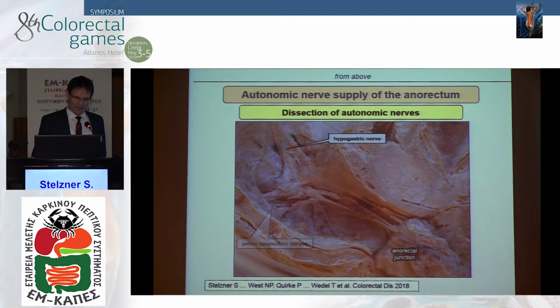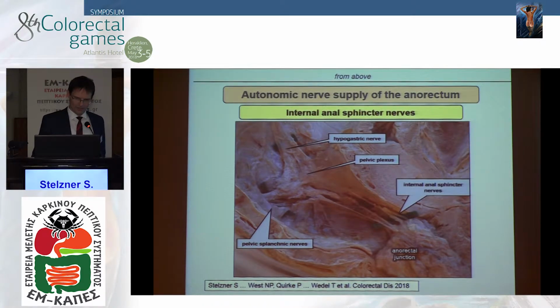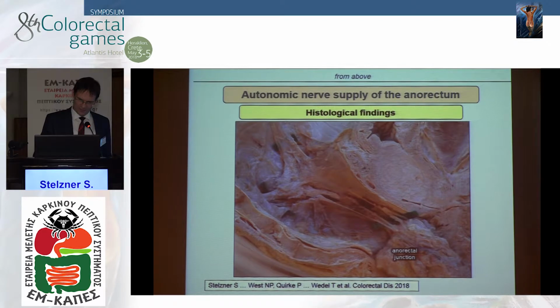And again, there's the hypogastric nerve, the pelvic splanchnic nerves, the pelvic plexus, and down there we could find nerve fibers that penetrate the longitudinal smooth muscles of the anorectal junction, and we named them internal anal sphincter nerves.